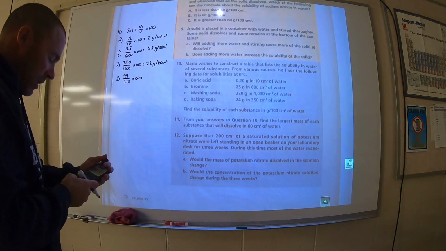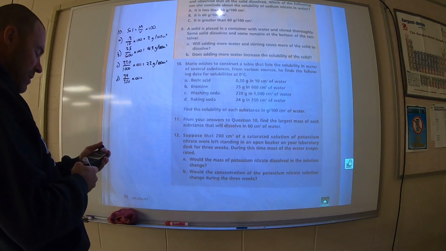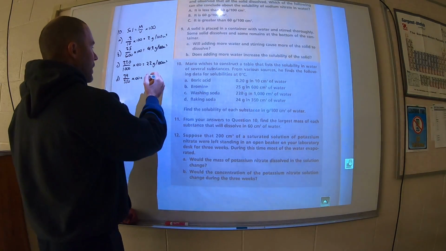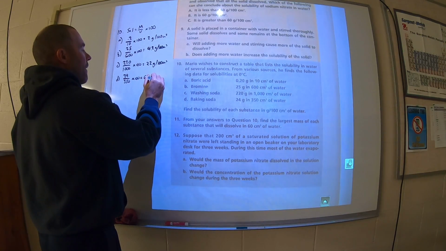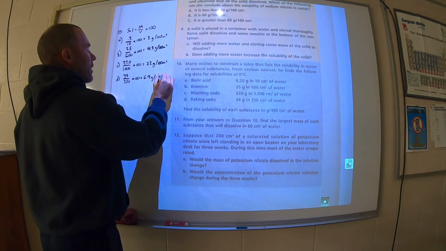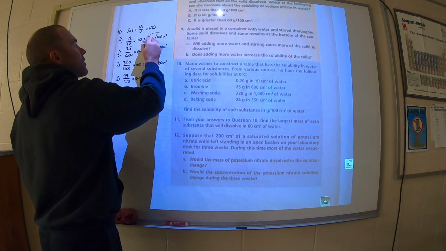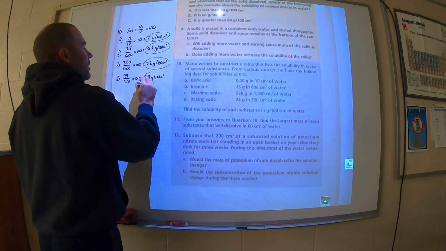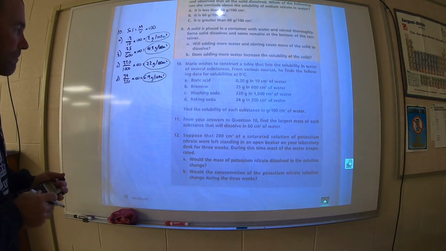And then 24 divided by 350 times 100 is 6.9 grams per 100. I'm going to circle those answers. Make sure you have the work, the answers, and the units. It'll come in handy on the quiz.